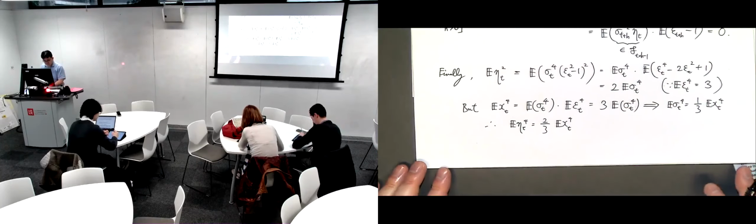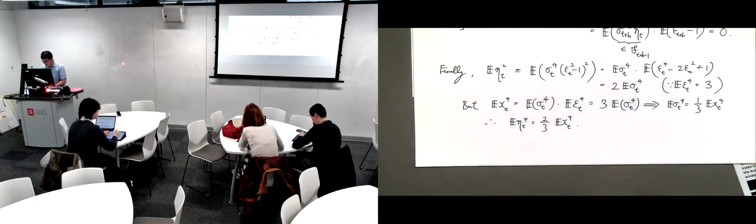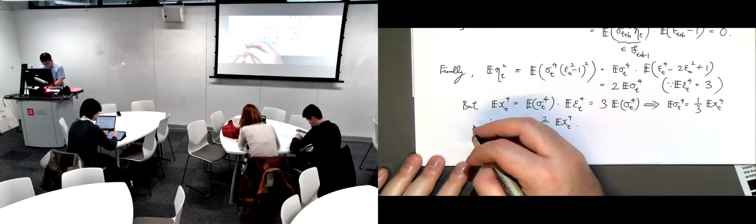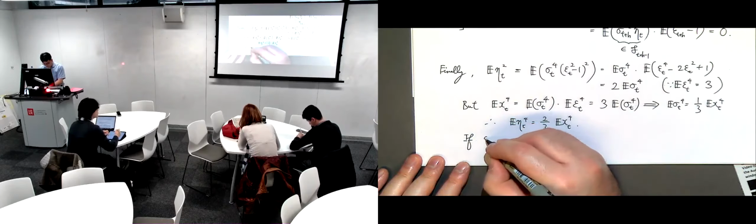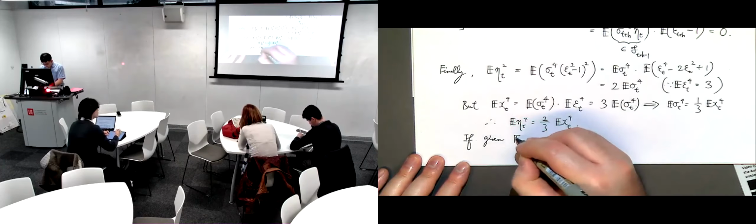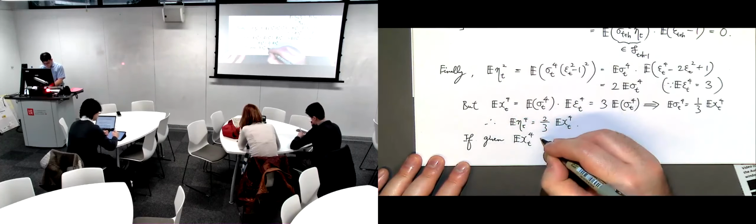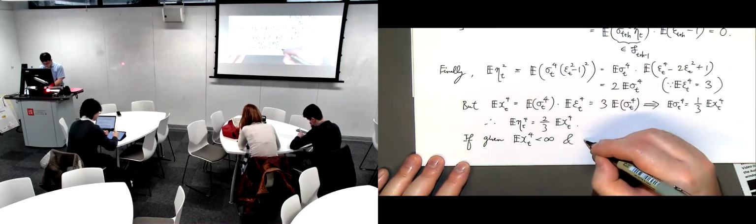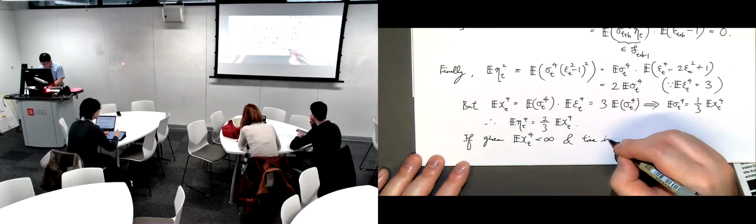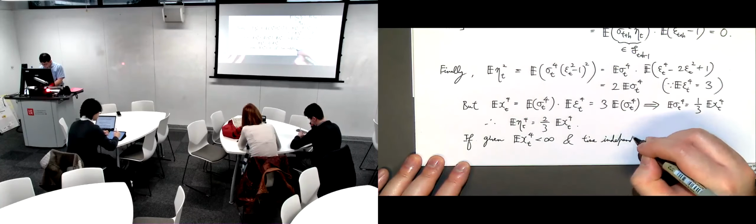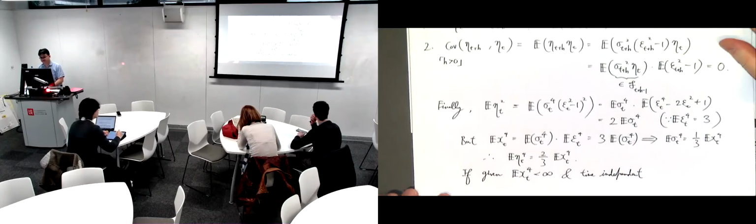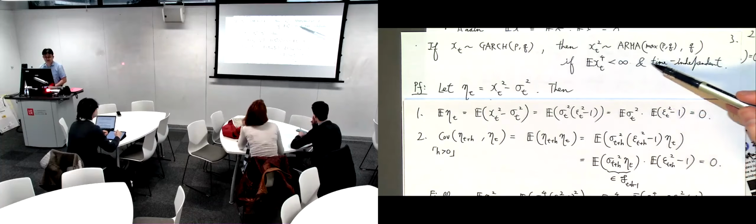So, usually, you need to deduce if the fourth order moment of your time series is actually finite and time independent. And in this kind of question, this is usually given to you. So if given, your fourth order moment is finite and time independent, which indeed is given to you from the beginning. Written: expectation of x_t to the power 4 is finite and time independent, okay?